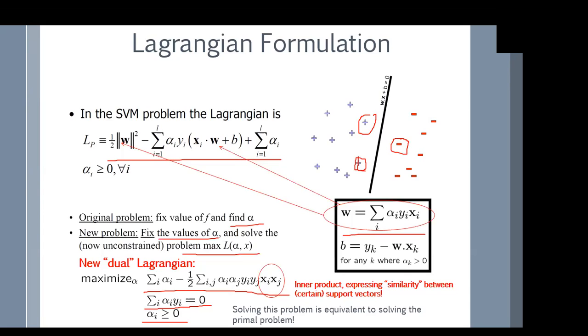What is the most important component here of my lecture? This inner product. This is the inner product of these basically 3 points. So I have a 3 by 3 matrix. This is a Gram matrix of the scalar products of these 3 points, expressing similarity between certain support vectors.